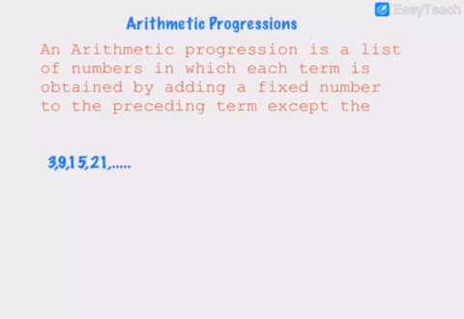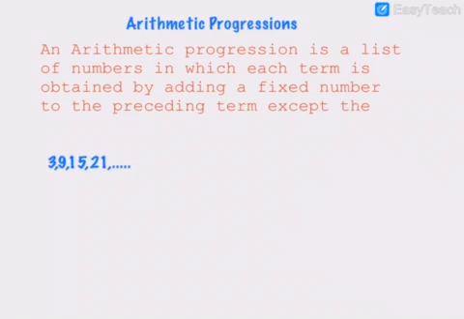So what is an arithmetic progression now? The textbook definition: an arithmetic progression is a list of numbers in which each term is obtained by adding a fixed number to the preceding term, except the first one. The first one is missing, no problem. Let us take an example from the previous examples: 3, 9, 15, 21.